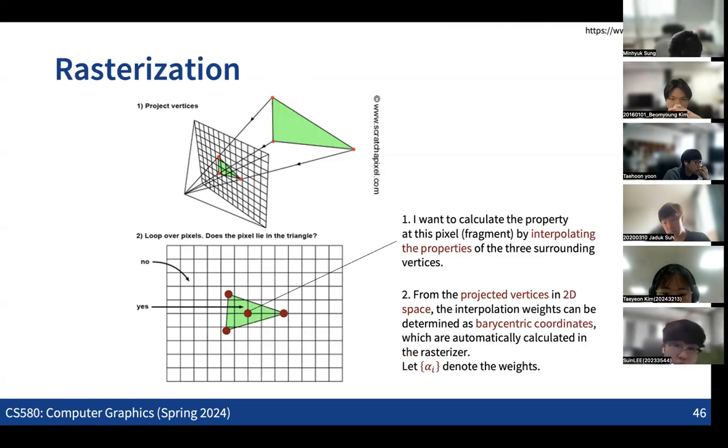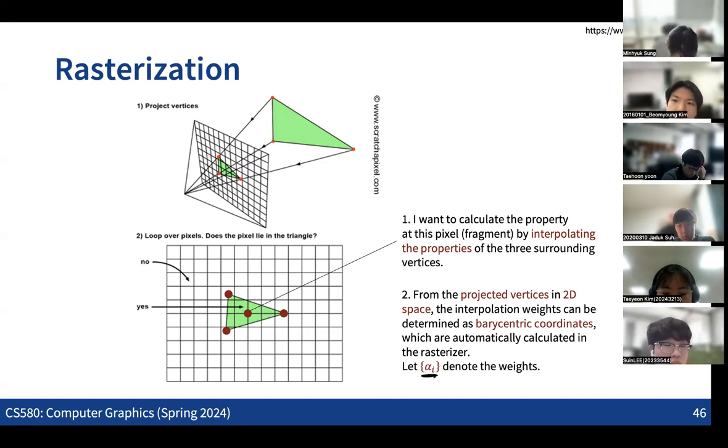From the projected vertices in the 2D space, we can calculate the barycentric coordinates as the weights for the interpolation. Let's denote these barycentric coordinates as alpha here. And these barycentric coordinates will be automatically calculated in the OpenGL rasterizer, so we don't even need to compute that.